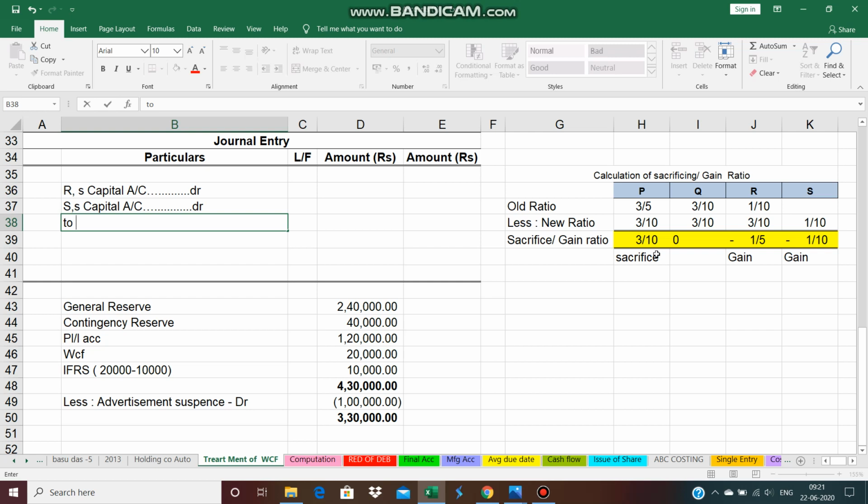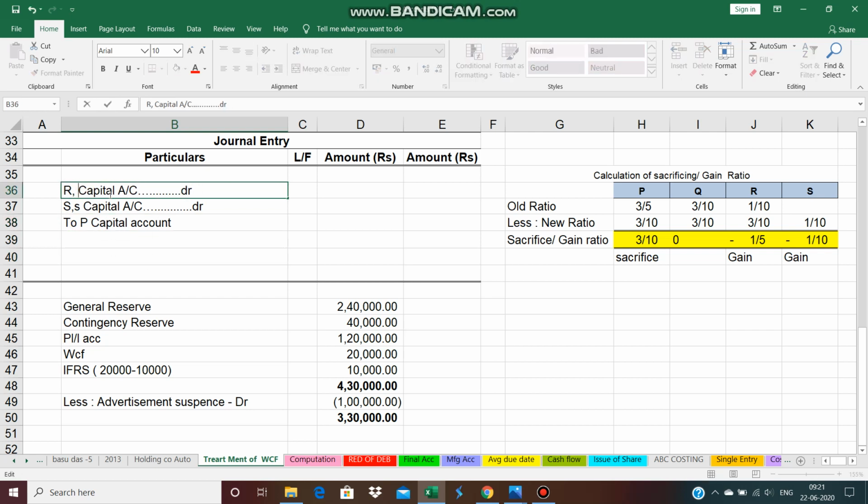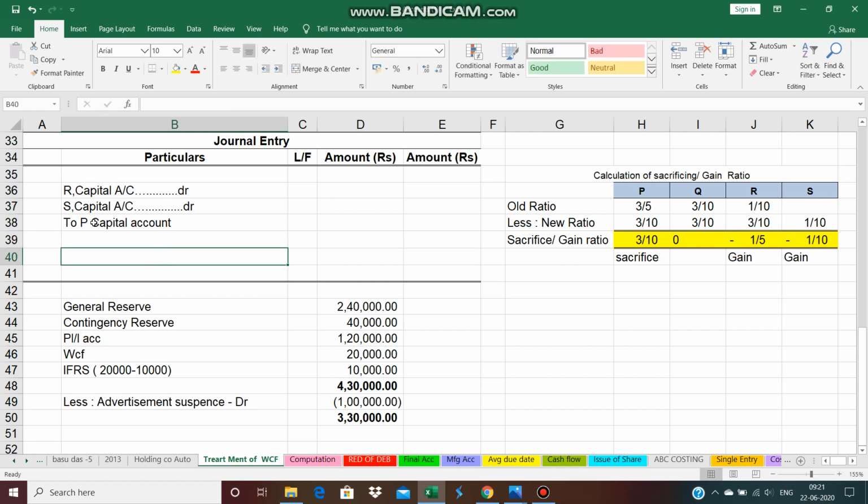This means R and S have to give up the share as a gain, and P will receive, sacrifice means P will receive. So the general entry will be R's capital account debit, S's capital account debit to P's capital. So how much amount will be credited?